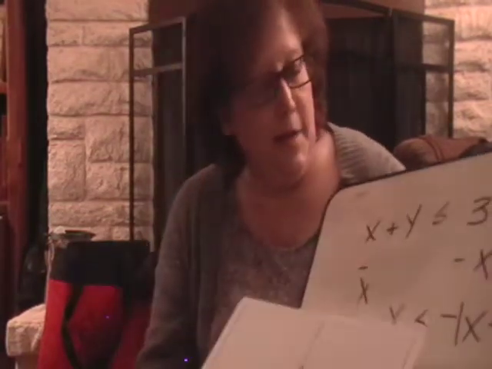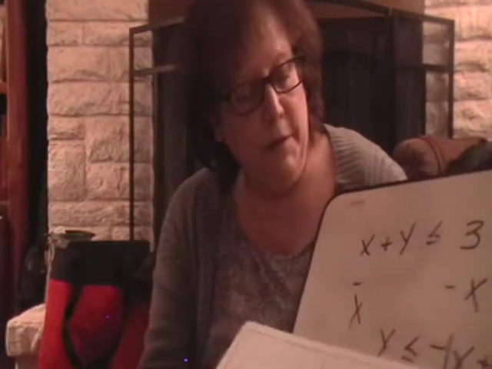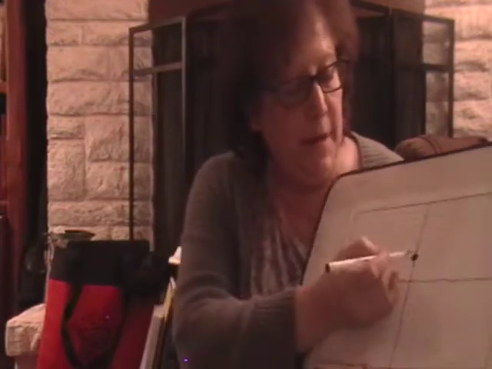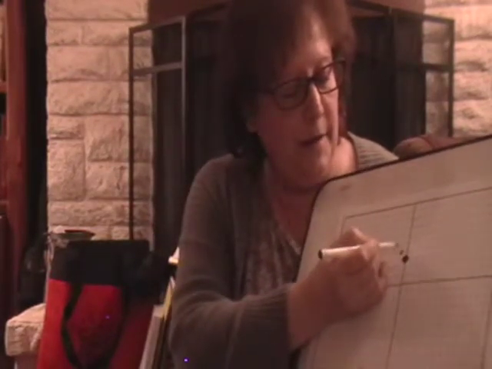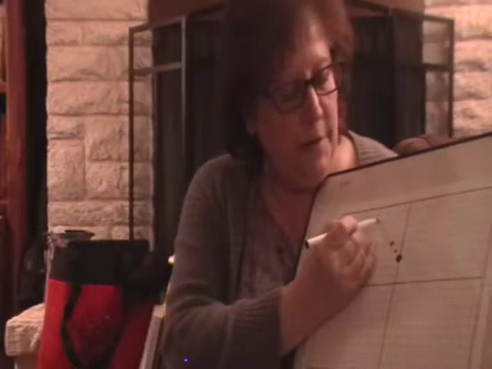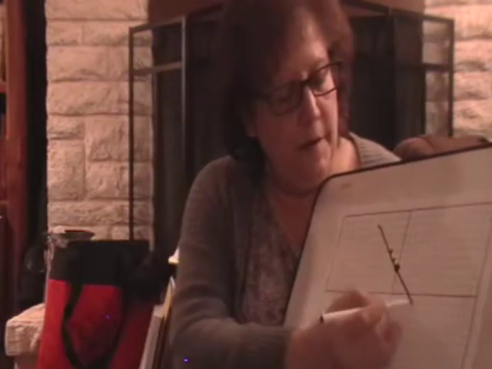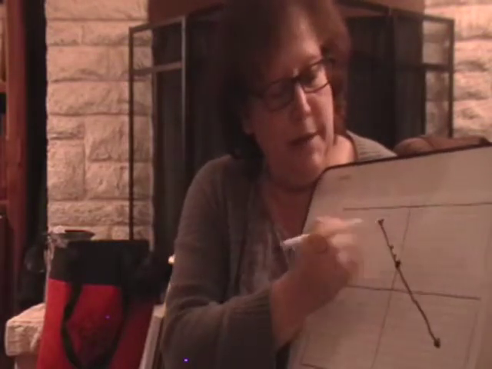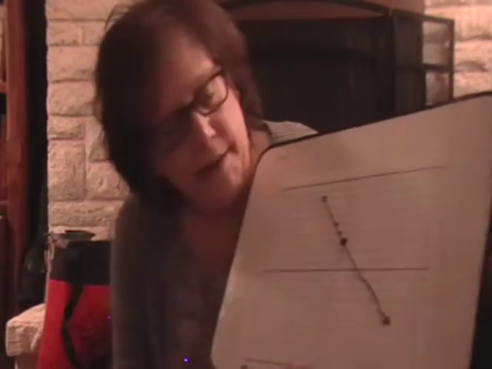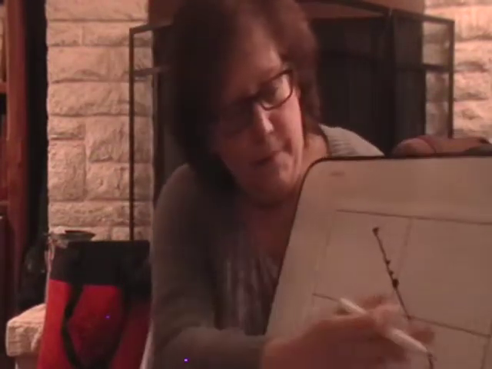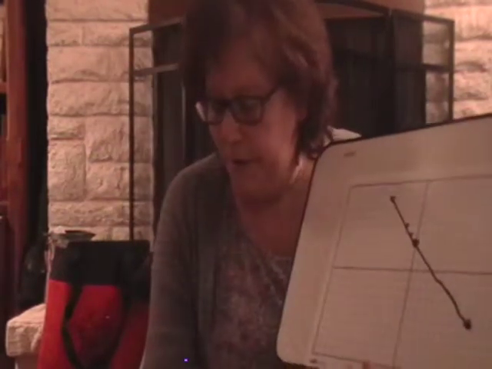Y is less than or equal to negative 1x, so my slope is negative 1, up 1, negative 1, up 1. So here's my line. Sorry that it's very crooked. It's running down through this line just like theirs is.